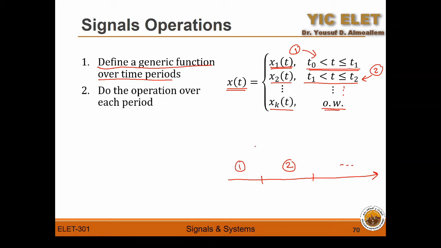So we will go to the first period here and see what signal A looks like, and we do the same for signal B, and then we will define these periods and go ahead. Then find for each different period what the operation gives.